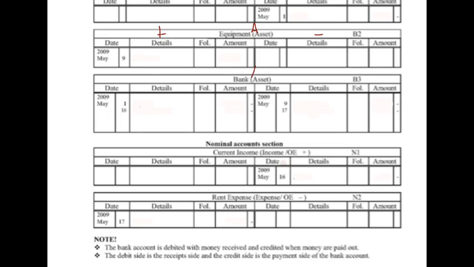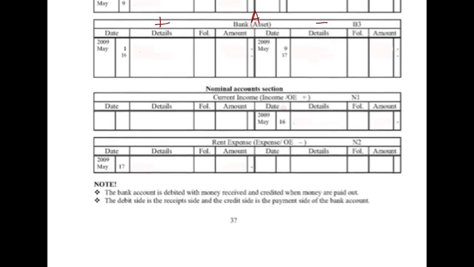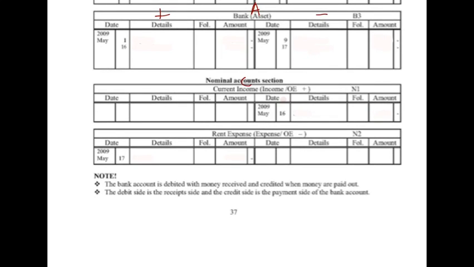Bank, also an asset, increases on debit, decreases on credit. Current income is an owner's equity, but because it's an income, I will circle the income side because it will favor the income side. Opposite to rent expense, which is also owner's equity, but owner's equity that favors the negative side because it's an expense account.